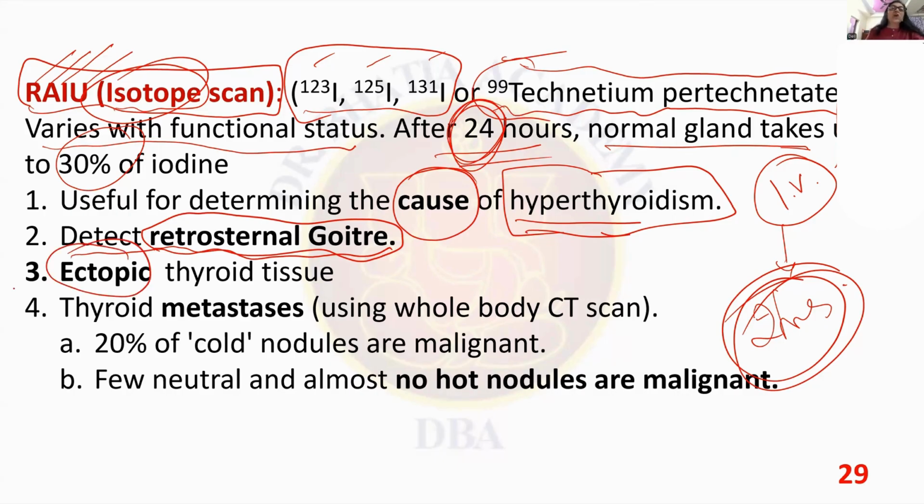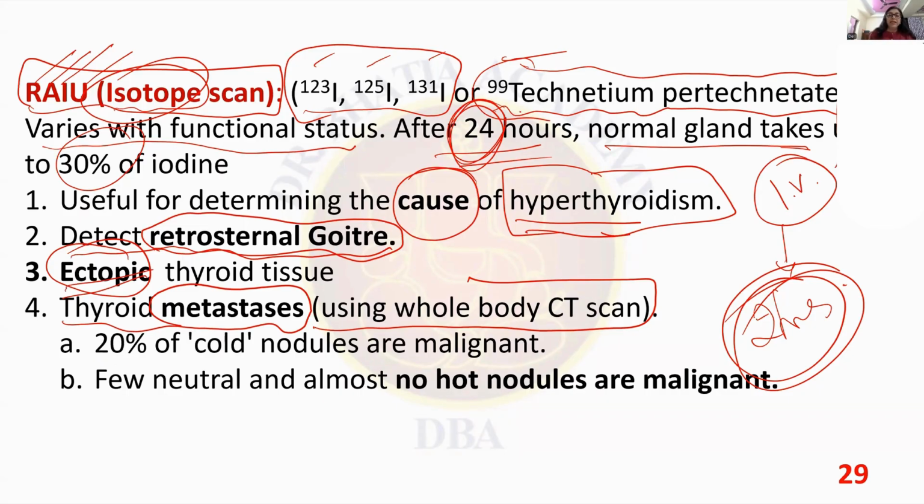Sometimes the gland can have ectopic positions, so it can be present anywhere in the neck, may not be the exact location where it is supposed to be present. So there can be ectopic thyroid tissue. Then in cases of thyroid malignancies, there can be thyroid metastasis. So a whole body technetium scan is done to find out wherever the thyroid tissue is present, and that will take up the radioiodine contrast.